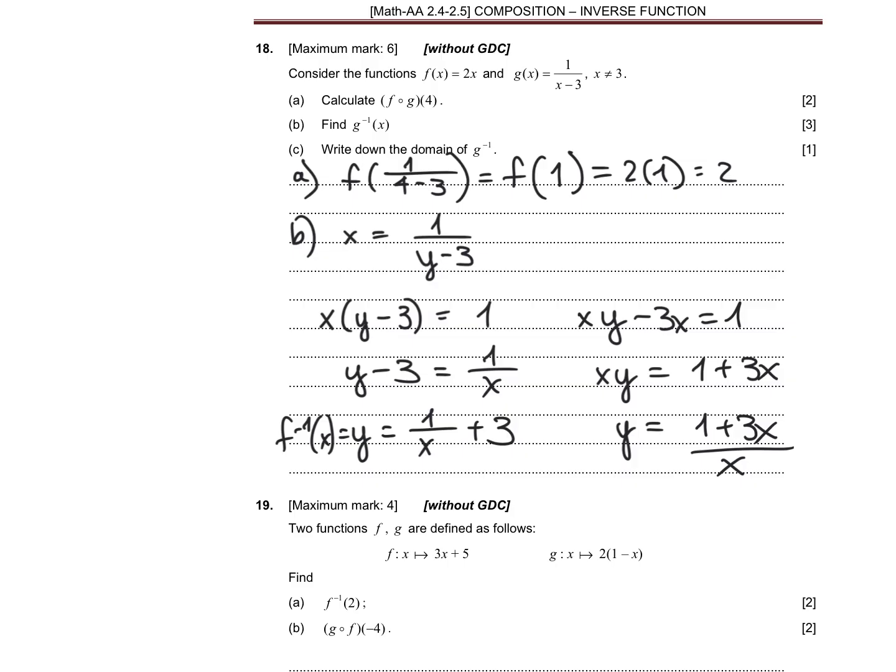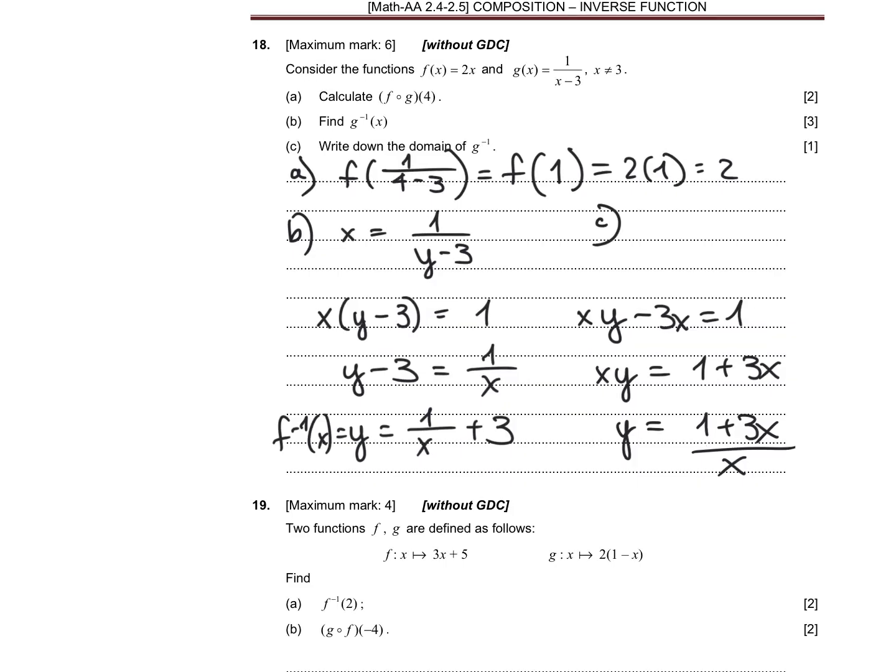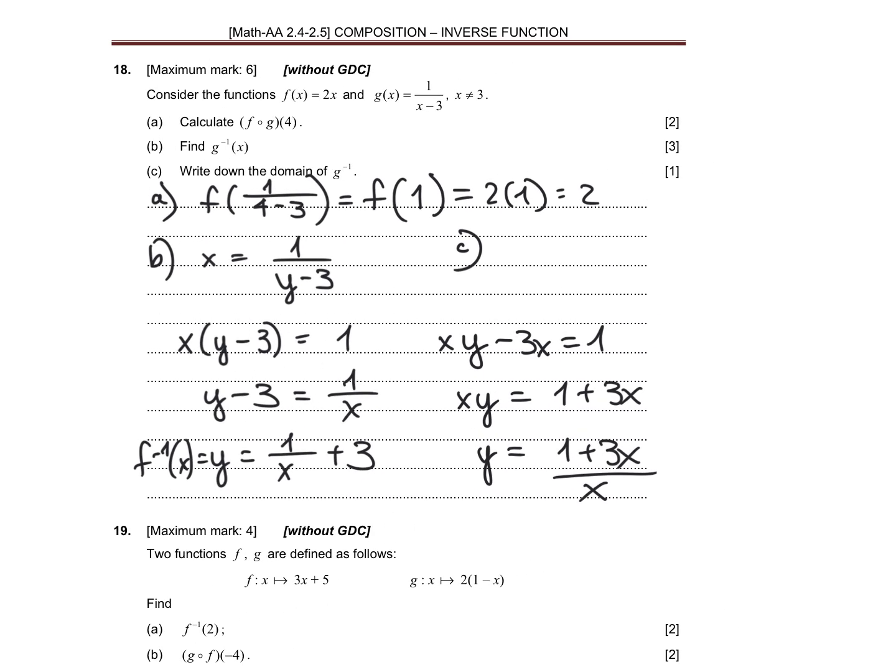So that's the inverse. For c, write down the domain of the inverse. So that's the range of the g function. When it's rational like that, we're going to have an asymptote at y equals 0. We'll deal with other types of asymptotes, but I guess we could just do that.